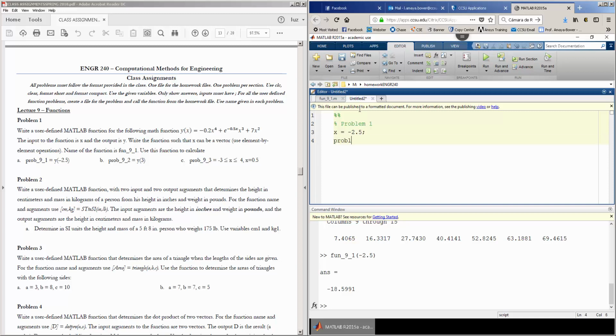And notice that I want the variable to be called problem191. We're gonna simply call the function fun91. Notice that it shows up again. And we call it for this value of x. And since we have it 3 times, we're gonna do it 3 times. We're just gonna simply change the variable x.